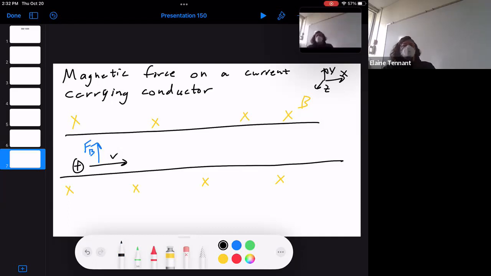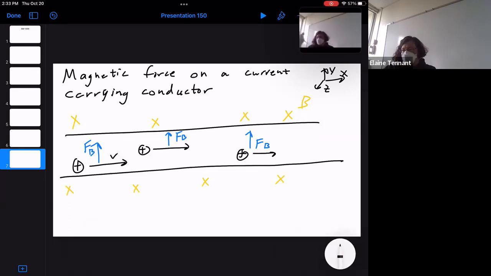Sounds good? Okay, and if I have more charges, they will all experience this magnetic force. Maybe I'd like to stop talking about the force per charge, and get some net effect, which I would do by writing this down in terms of a current.